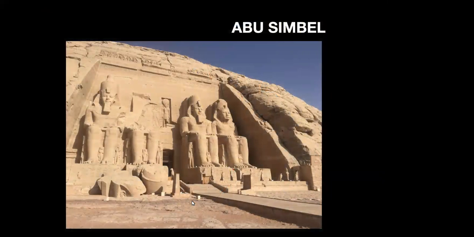Now, this is an interesting structure in the sense that this was not located here in the first place. This was located much closer to Nile River in a valley. But when Egypt started constructing the dam, it was obvious that that location would be flooded and this temple would be buried underwater.